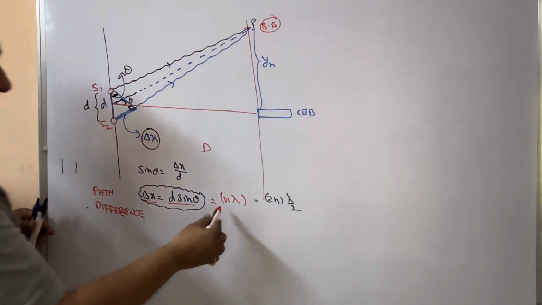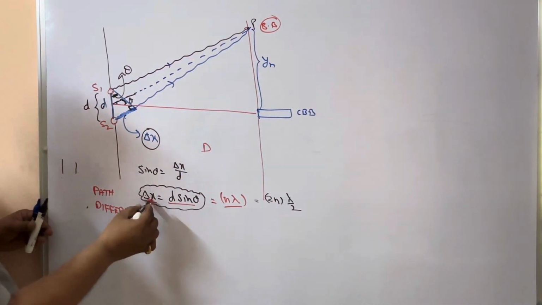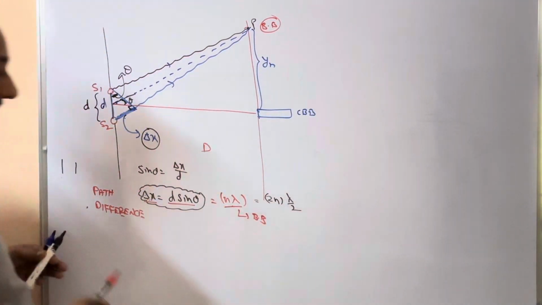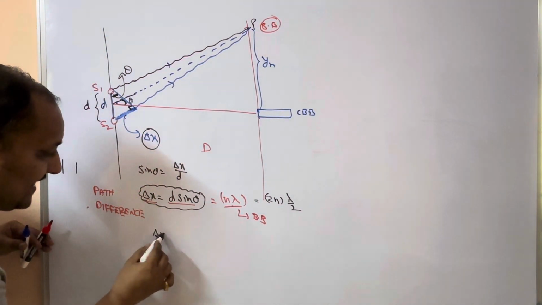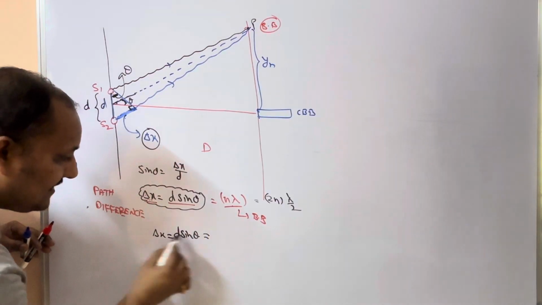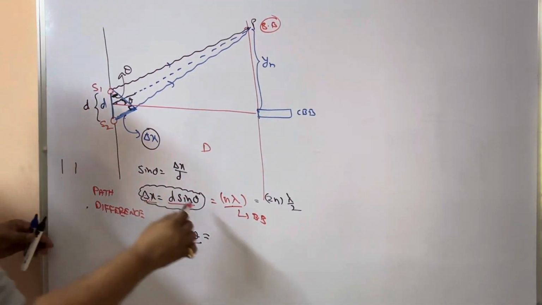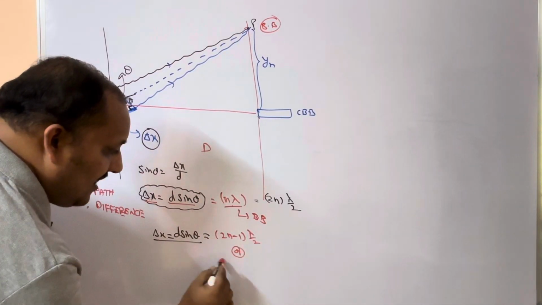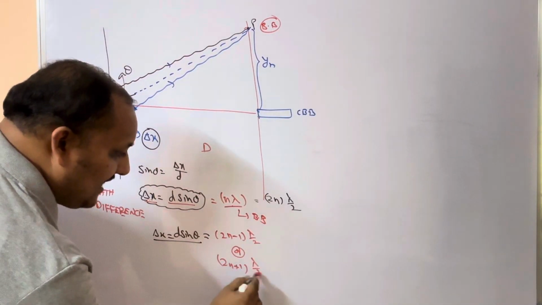Both are the same. So if the path difference is equal to n lambda, you are going to get a bright band. If this path difference delta x, d sin theta, is equal to either 2n minus 1 lambda by 2 or 2n plus 1 lambda by 2, you get a dark band.